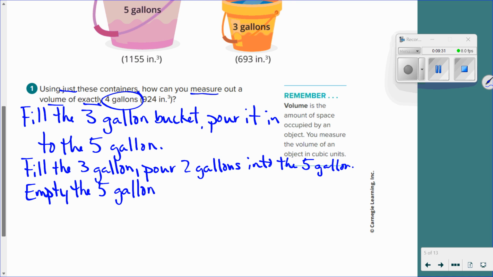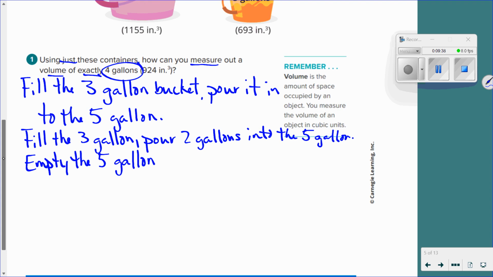One key on this was you had an infinite water source. May not have seemed important at the time, but it's actually what makes it possible. Empty the 5 gallon bucket. Pour the 1 gallon in. Got it.